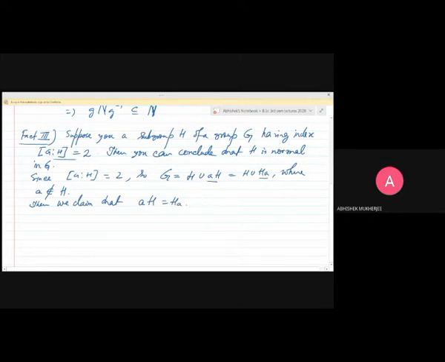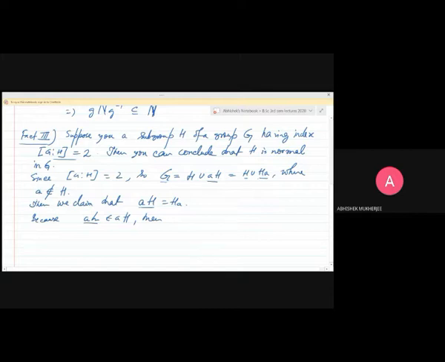Why? What is the reason behind that? Suppose you consider h belongs to capital H, okay? Then this element being an element of G must be either in H or in Ha, right? Because these are two distinct right cosets. So either it is in H or in Ha.